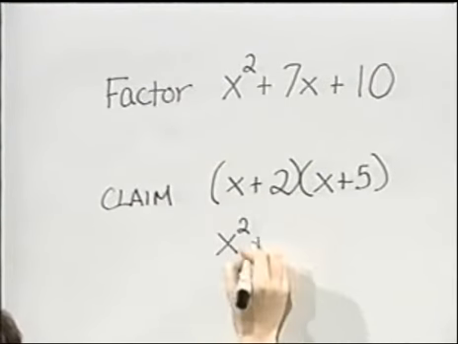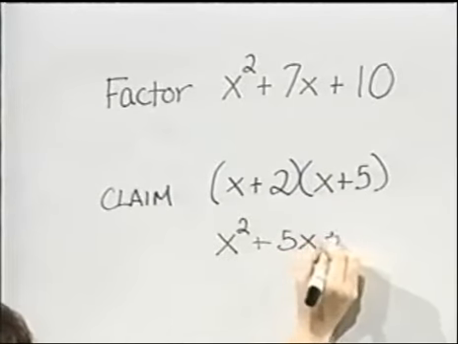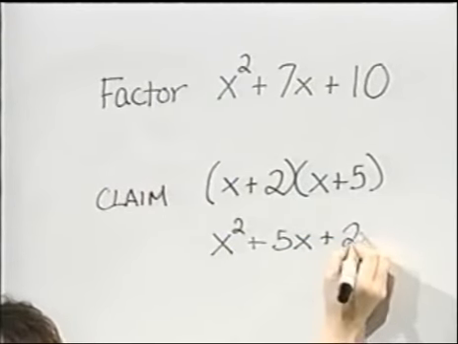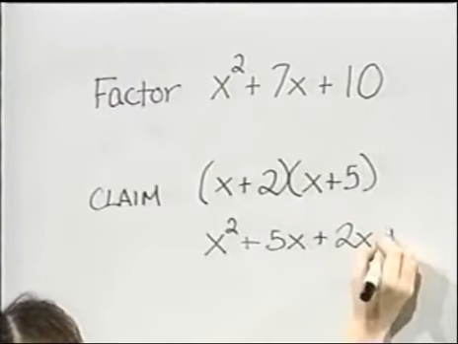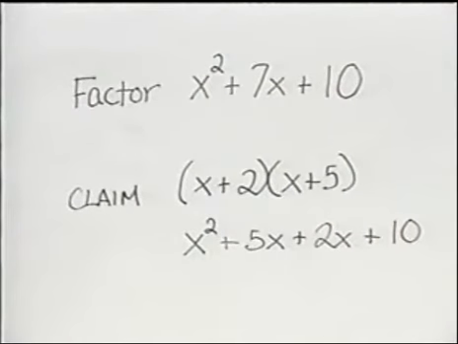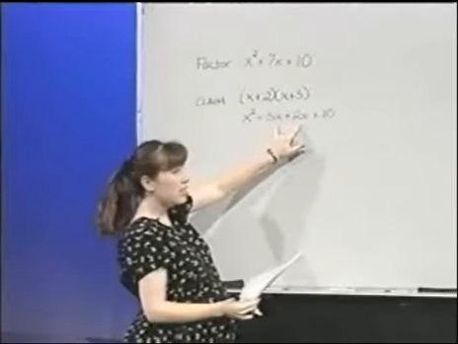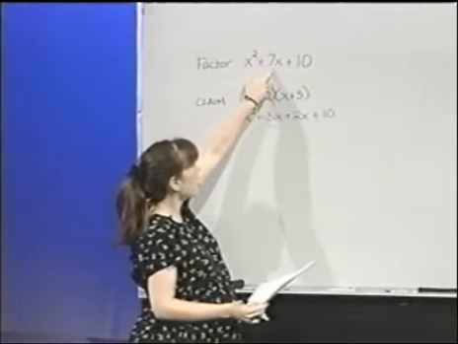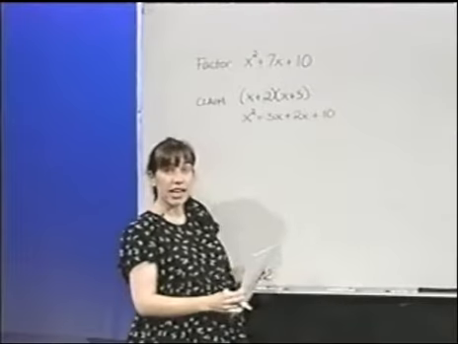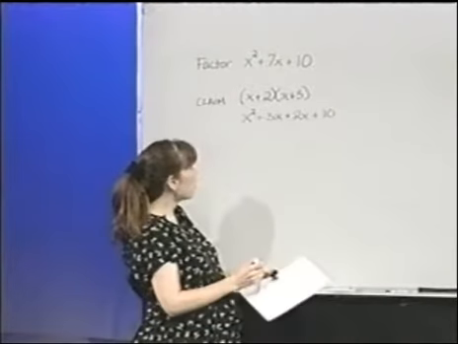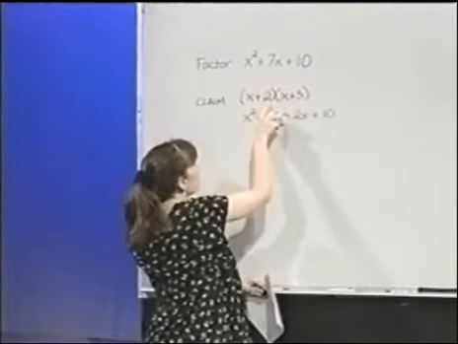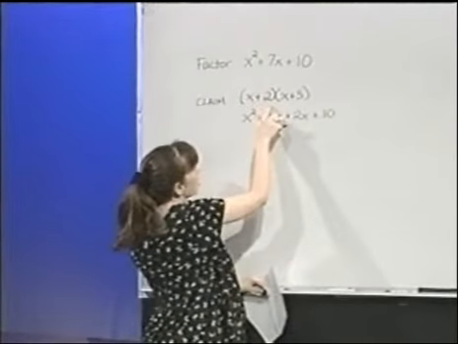X times 5 is 5x. 2 times x is 2x. And 2 times 5 is 10. 5x and 2x give us the 7x, and then 10 at the end. So in fact, this is the factorization for that polynomial.